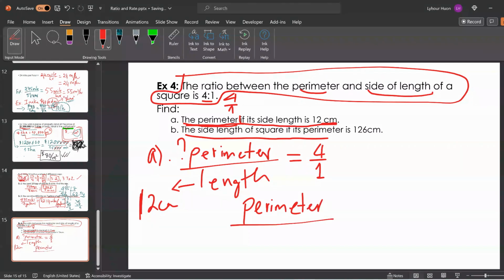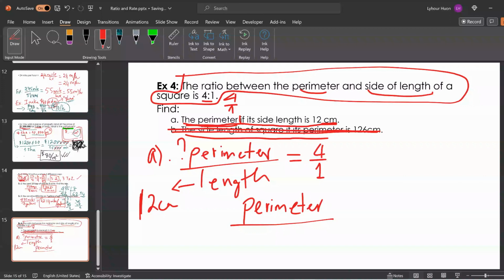No, that's not involved with A, so just ignore B first. Is it like 48 over 12?